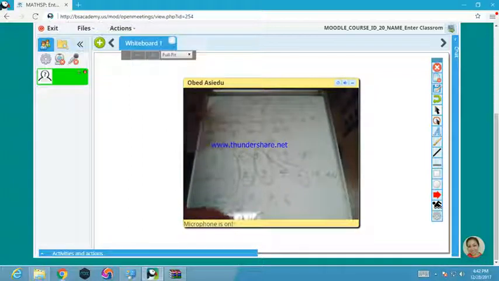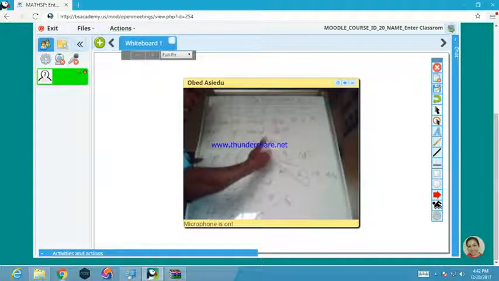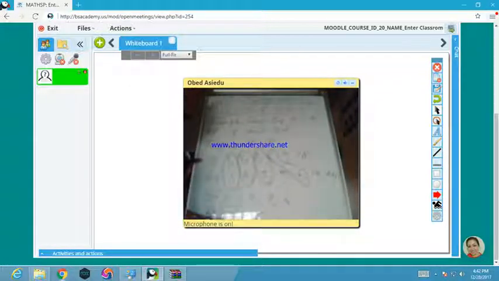Finding the HCF of 18 and 24: factors of 18 and factors of 24. Factors are numbers that can divide another number without a remainder. Factors of 18 are 1, 2, 3, 6, 9, and 18. 4 and 5 cannot divide 18, there will be a remainder. 7 cannot go.